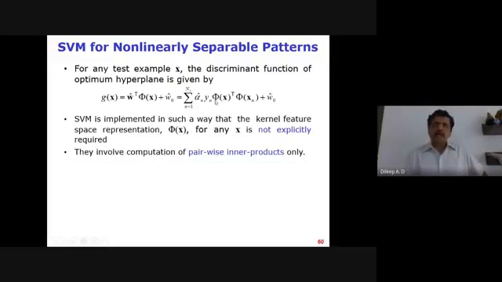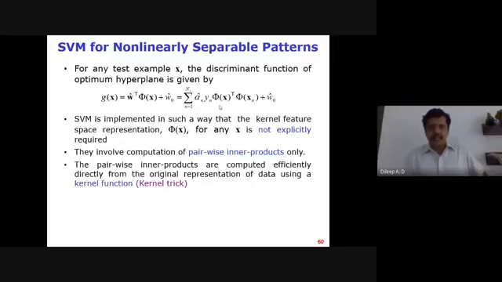As I already mentioned, to do this I would need to know explicitly this transformation phi, and I do not know which function does that. The trick they follow here is called the kernel trick. Look at this inner product operation between the examples in the transformed space.